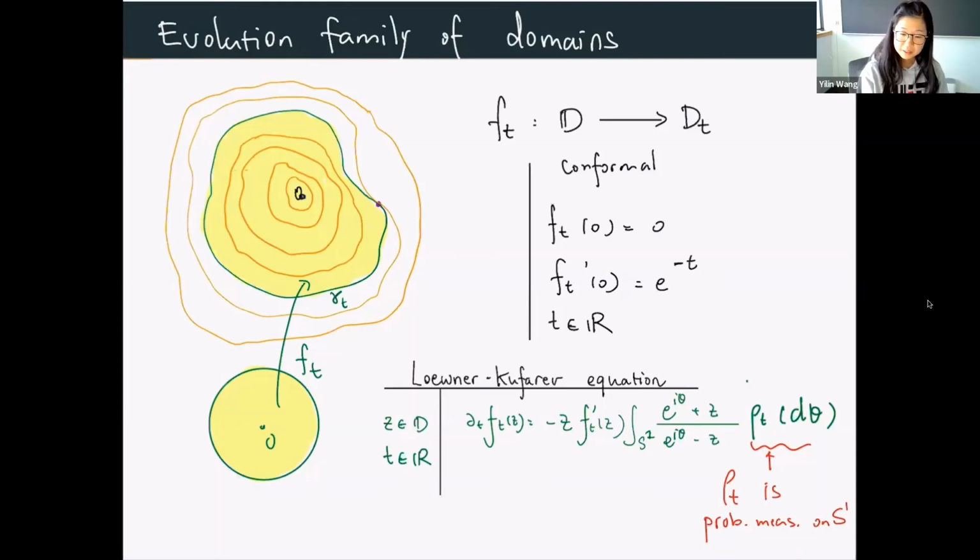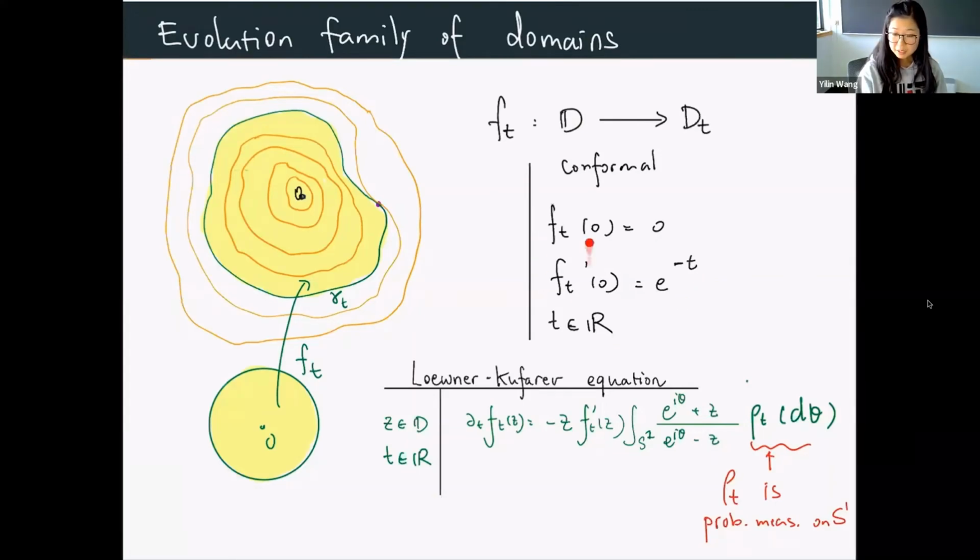If you have a shrinking family of simply connected domains, and we assume the conformal radii are all decreasing like exponential minus t, you look at this conformal map ft from the unit disk to each of the domains such that it fixes 0 and its derivative is exponential minus t.